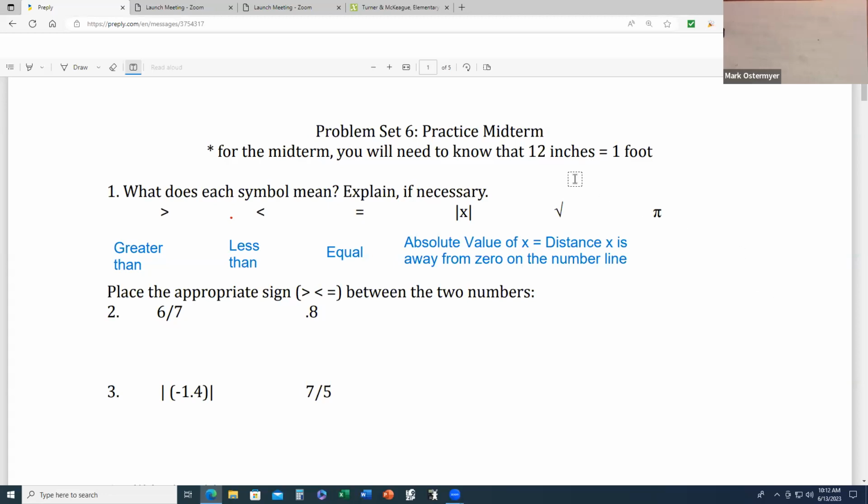If you take the absolute value of -7, it would be equal to 7, because -7 is 7 units away from 0 on the number line, correct?